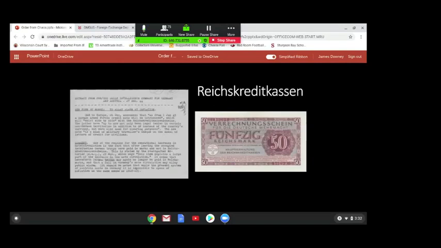So the Reichsmark notes were not valid outside of Germany, and the Reichskredit Kostenschein notes. The Verrechnungsschein that you see pictured here, those were to be clearing notes.